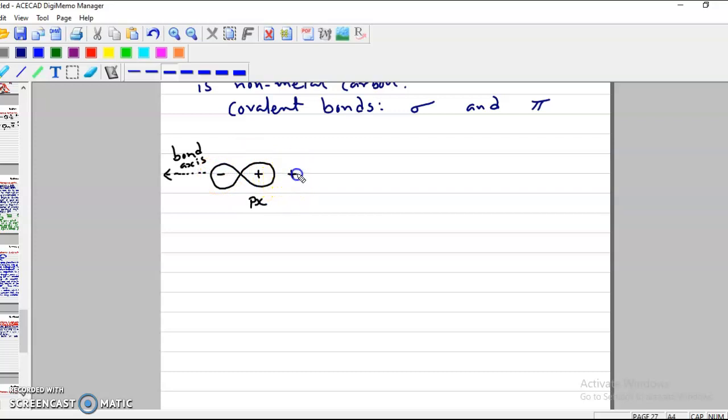When these two atomic orbitals, px combined with px, have the same symmetry, like plus and minus over here, they are added to each other, and that is known as additive combination.